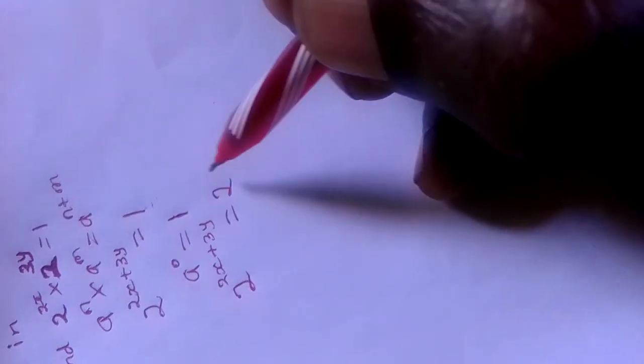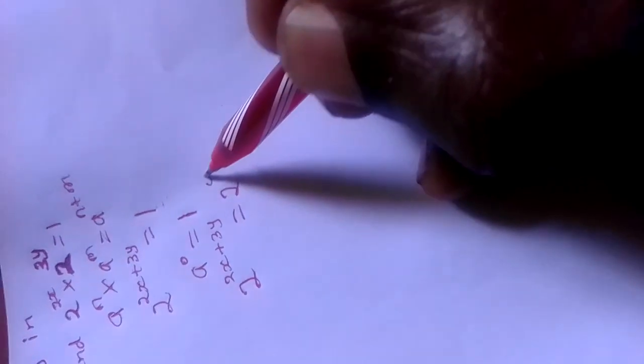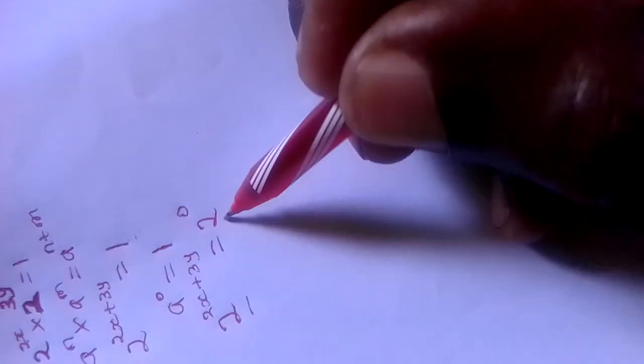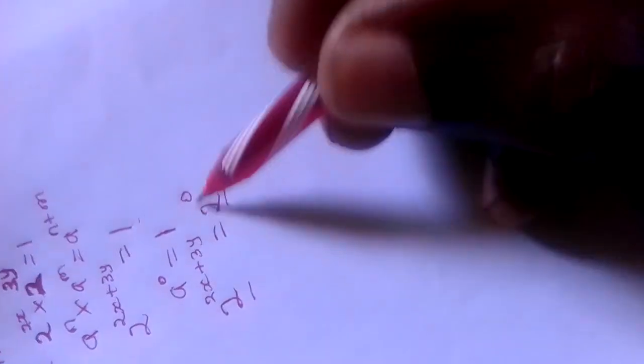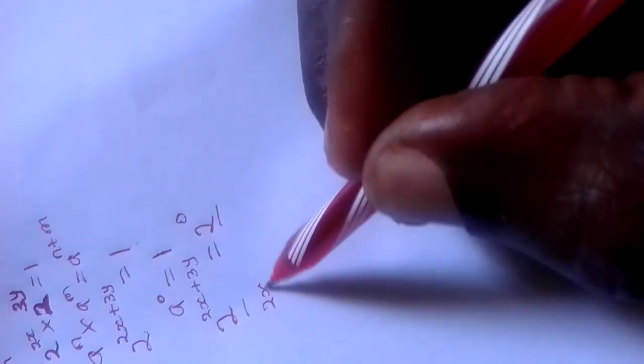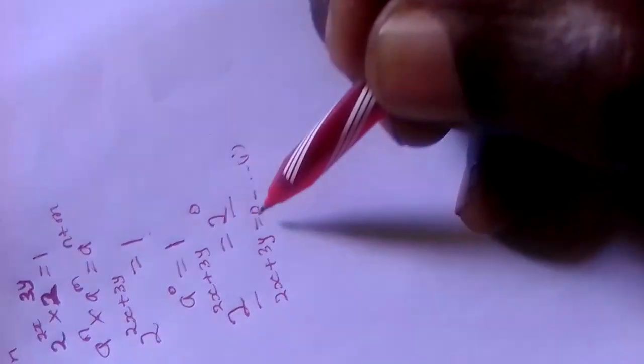So we can express 1 as 2 to the power 0. When the bases are the same, the powers should also be equal to each other. So we have 2x plus 3y is equal to 0 as our equation 1.